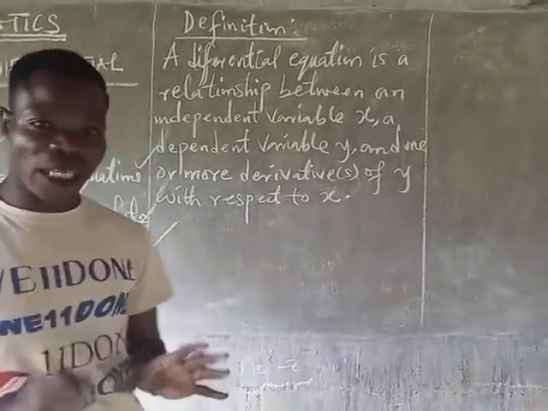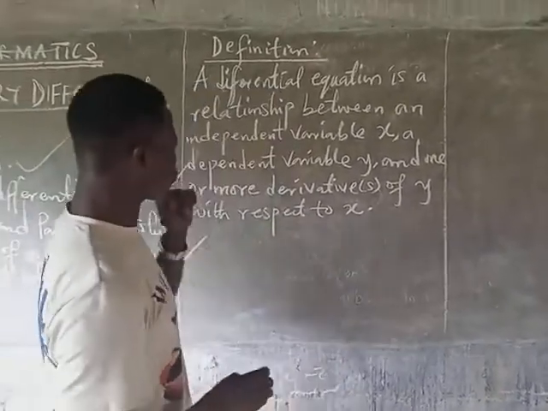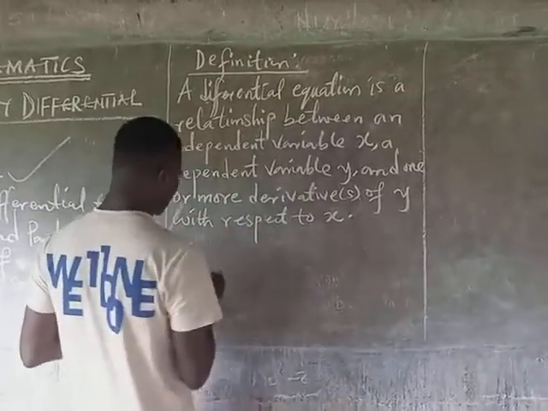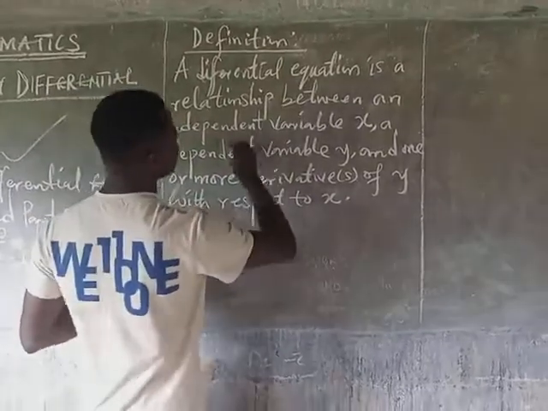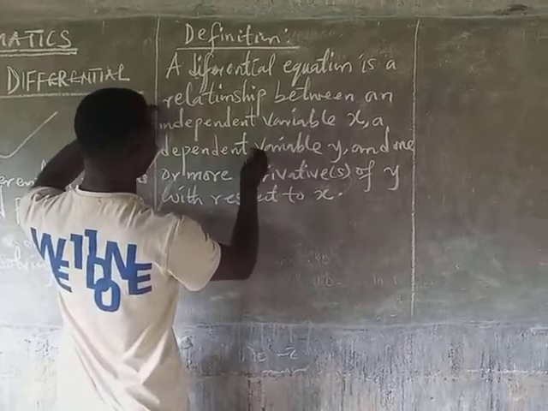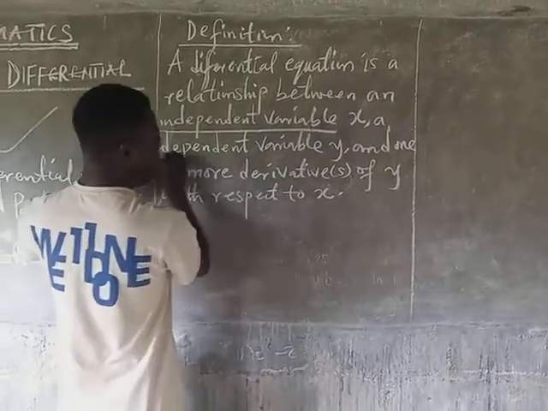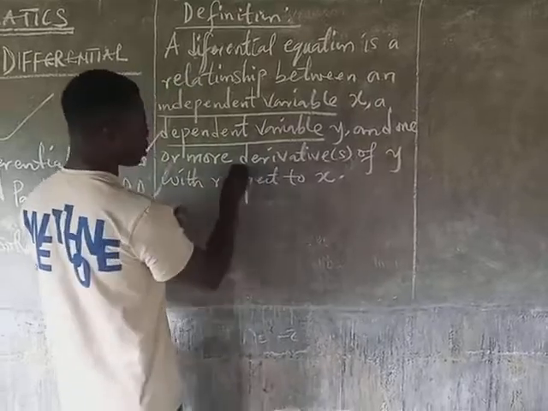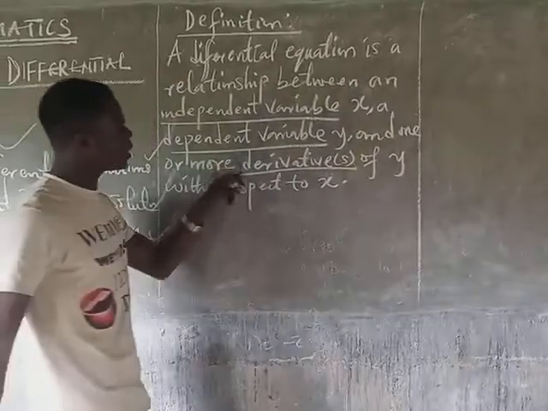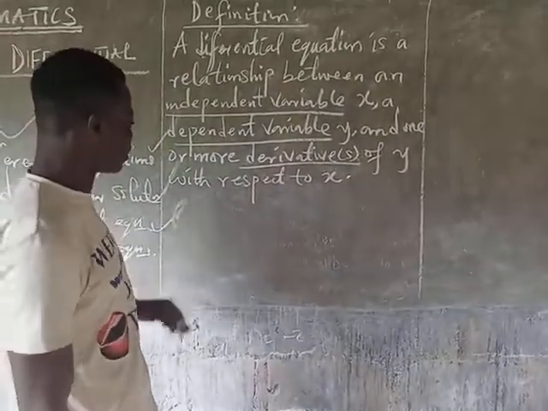For us to understand this definition better, we need to consider what you call variable, that is dependent variable. We have an independent variable and dependent variable, and also derivative. These are the three things mentioned in this definition.